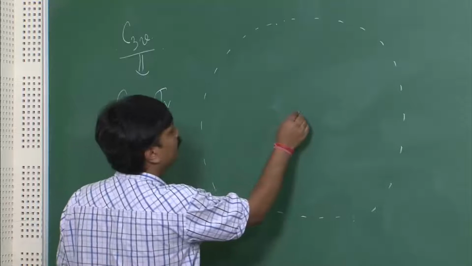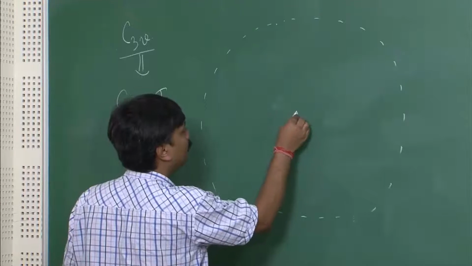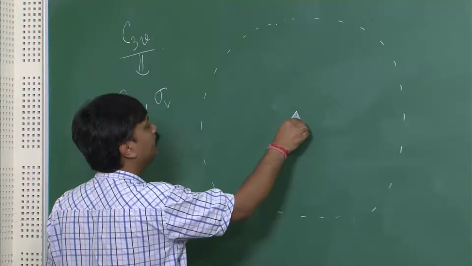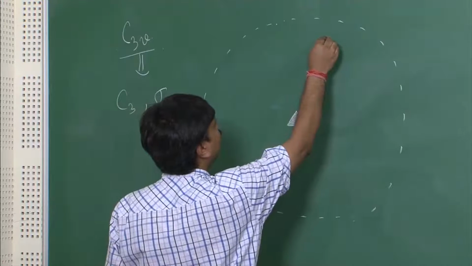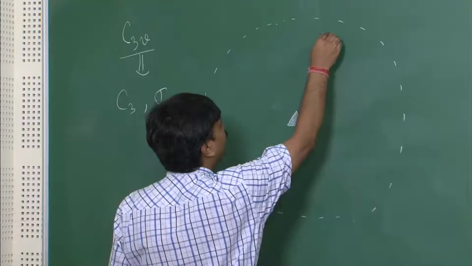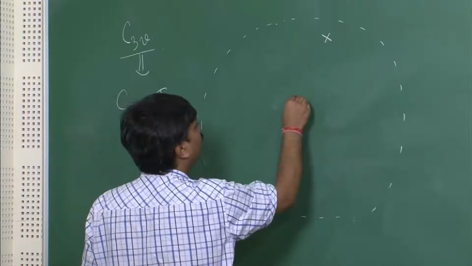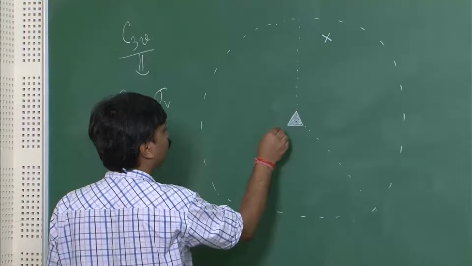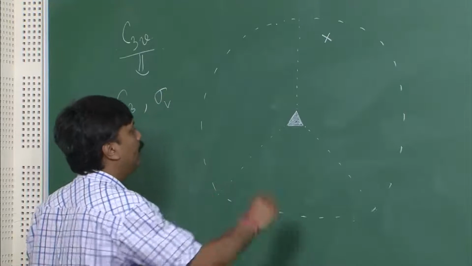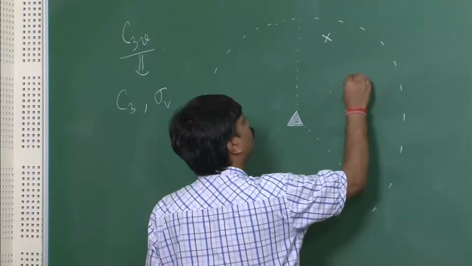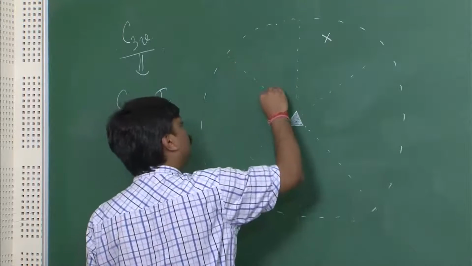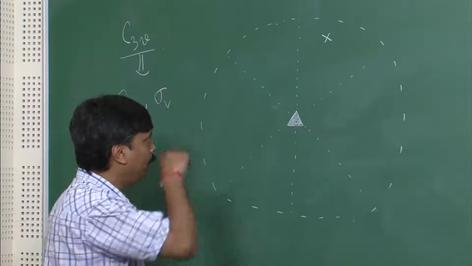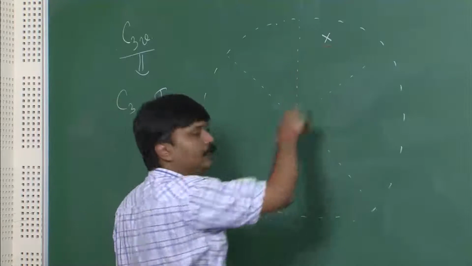For C3, let us put the C3 symbol here. This is a solid triangle symbolizing C3, and then let us take any general point here. For my own understanding, I am writing this dashed line. This is just to help myself, it does not have any other meaning. C3 means 120 degree rotation.